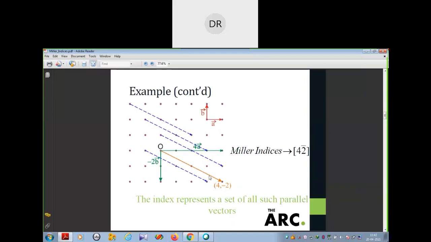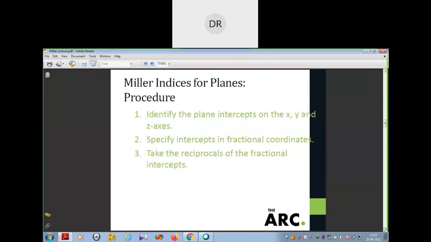All these will be parallel vectors, so the coordinates will be like this, whether it is 12 or something more than that. All of these represent parallel vectors. So these indices 4, minus 2 represent the parallel vectors.